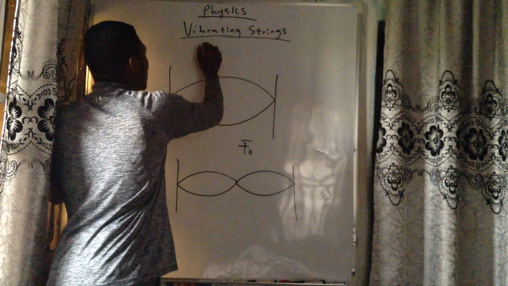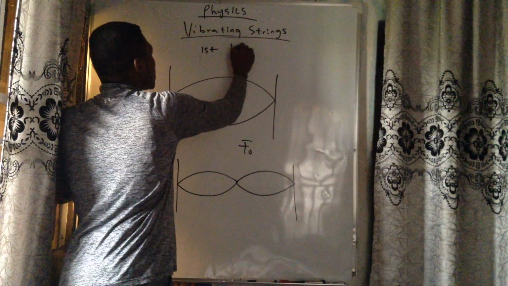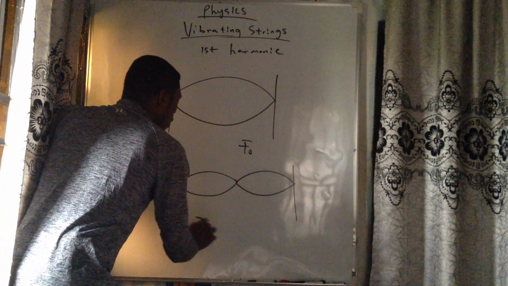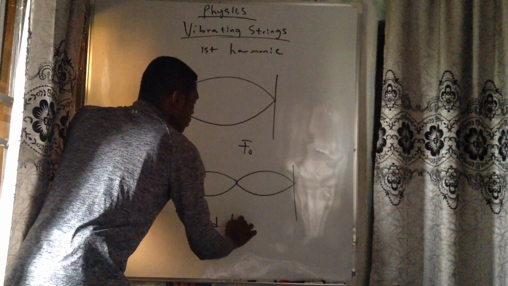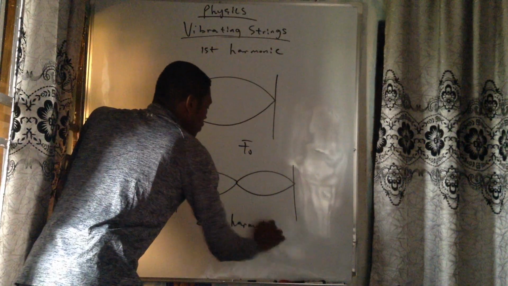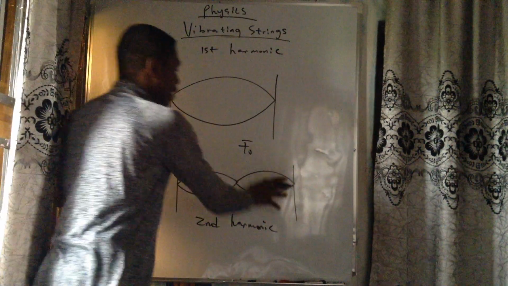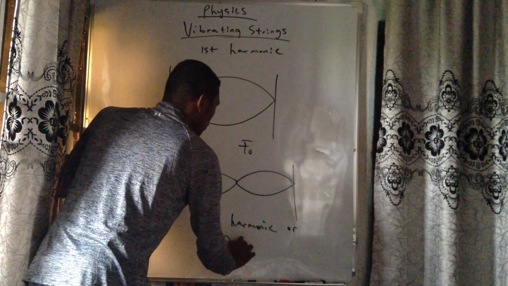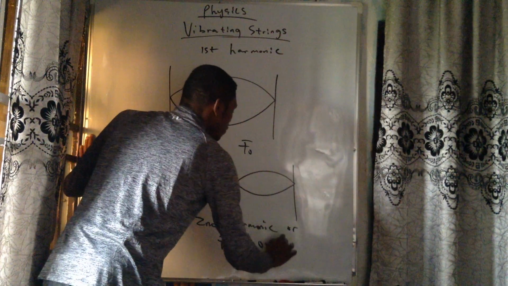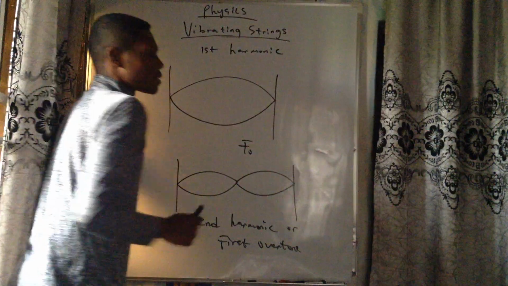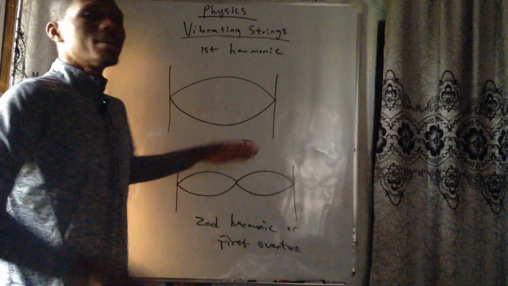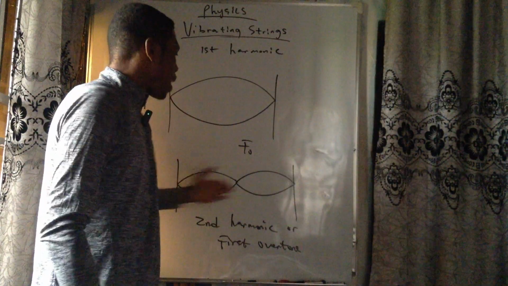This one can be called the first harmonic. This one is the second harmonic, or we can also call it the first overtone. We can have infinite numbers of harmonics.